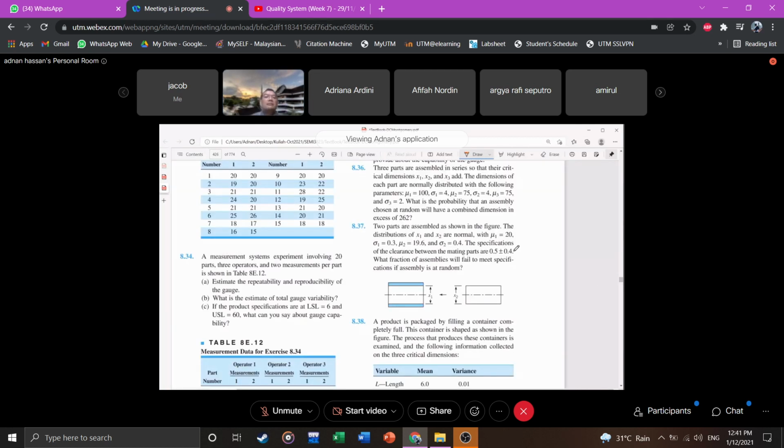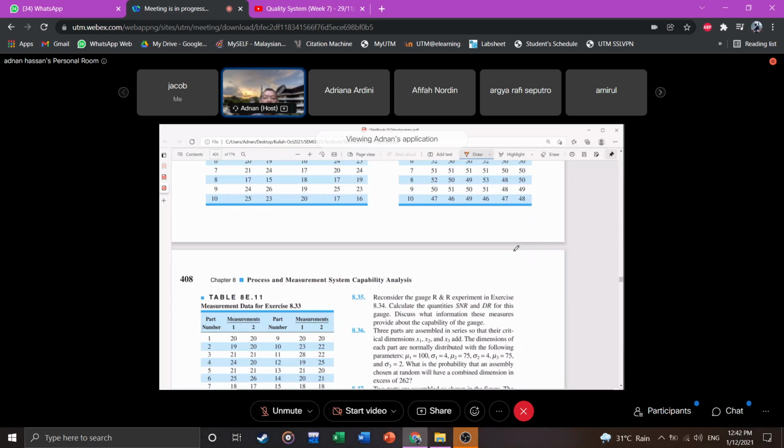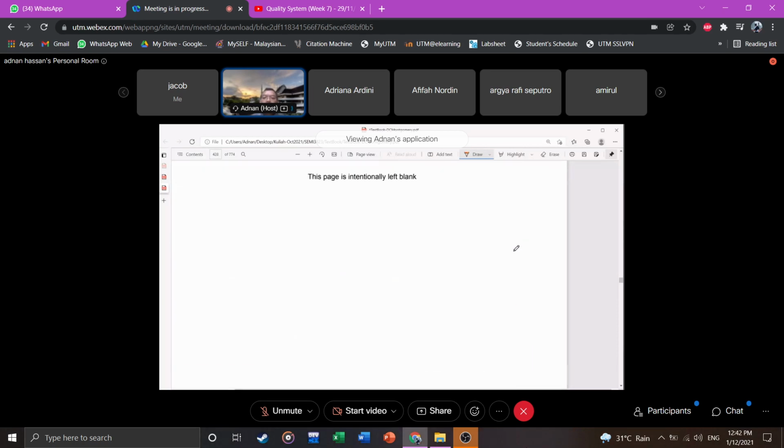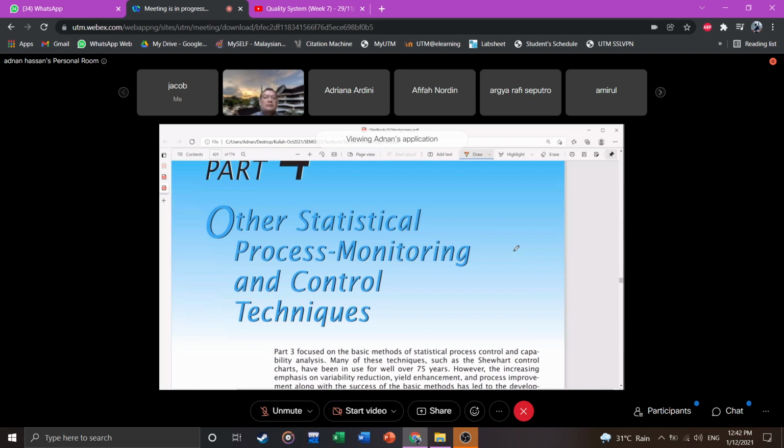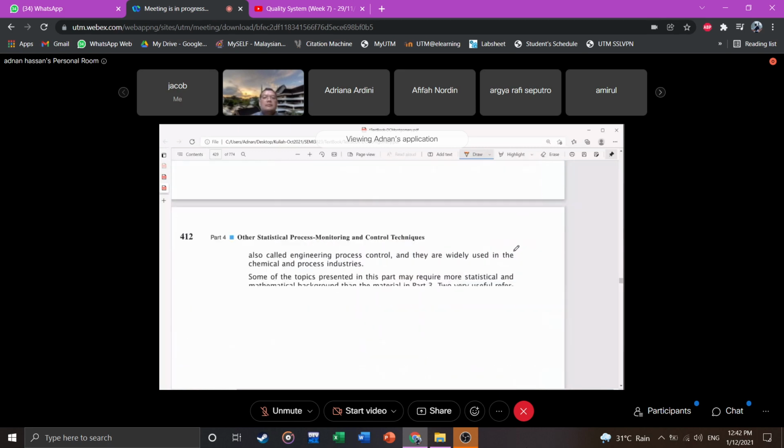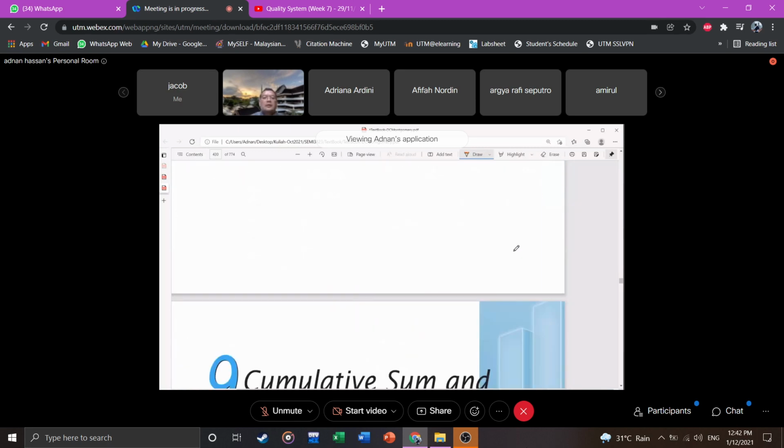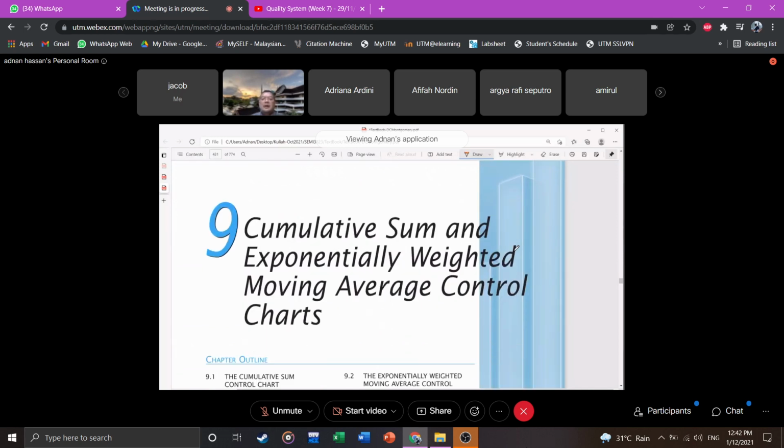Here is chapter 8: cumulative sum and weighted moving average. Cumulative sum, or we call it CUSUM, control chart. And we have the exponentially weighted moving average, as I said just now, EWMA.